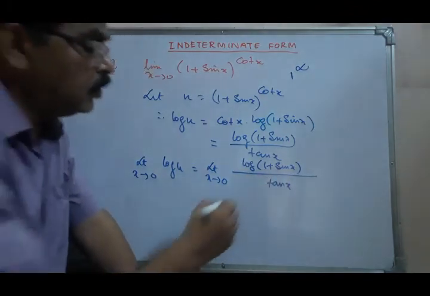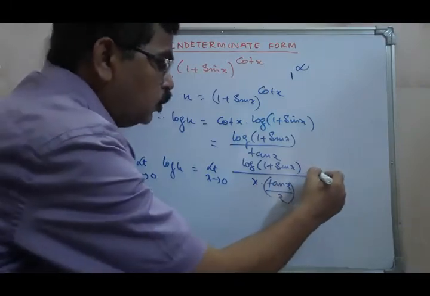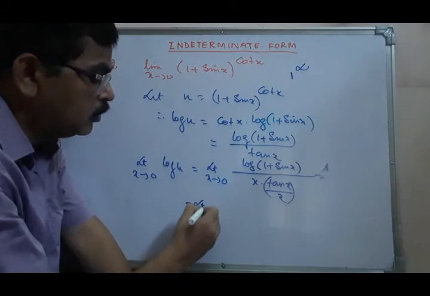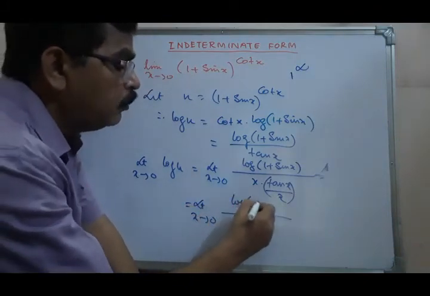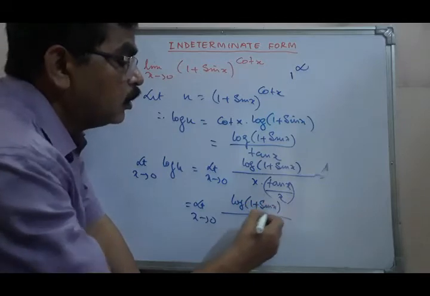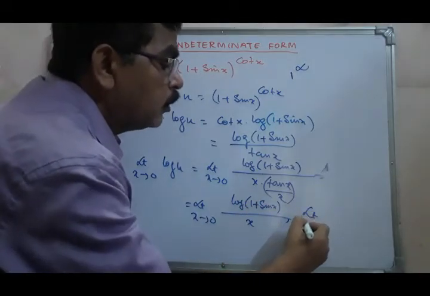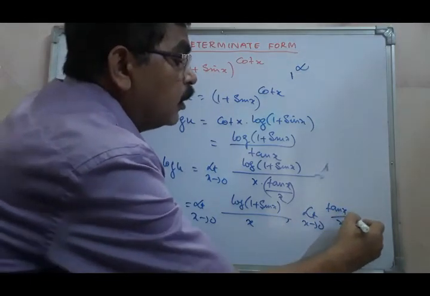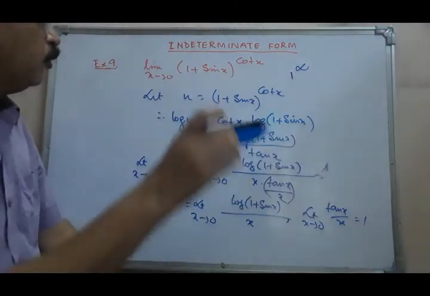This tan x can be written as x into tan x by x. So which we can write limit x tending to 0, log of 1 plus sin x divided by x, since limit x tending to 0, tan x by x equal to 1. We are continuing here.